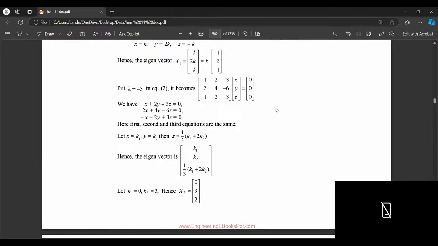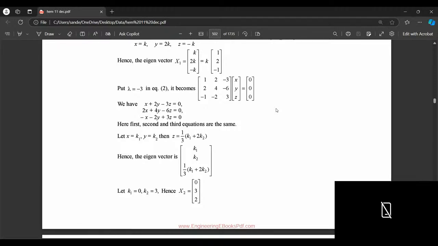If we take k1 is 0, k2 is 1, means you will get 0, 1, 2 by 3, which is nothing but 0, 3, 2. You can write in this way also.